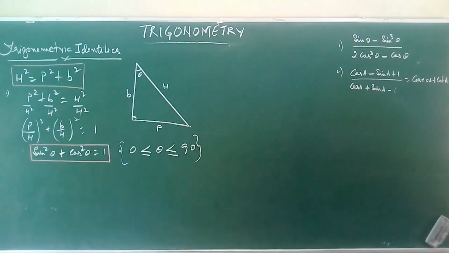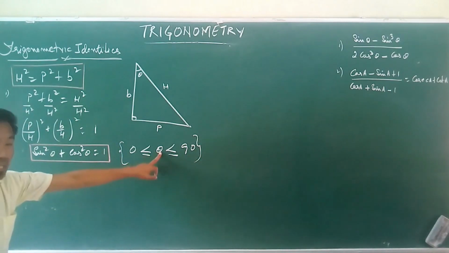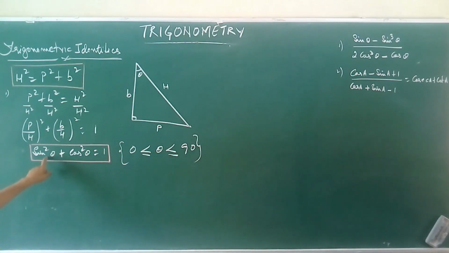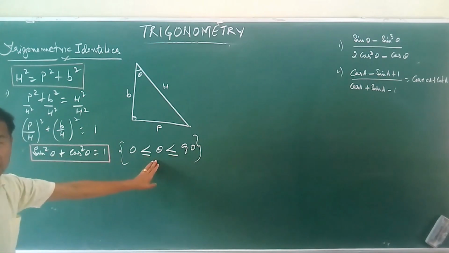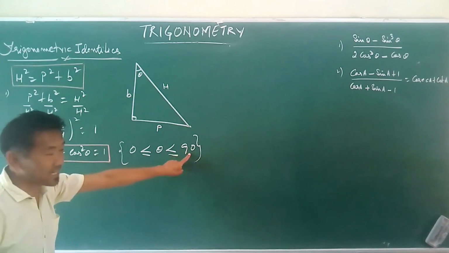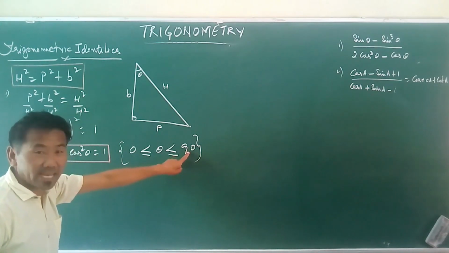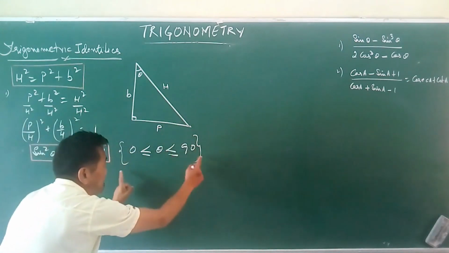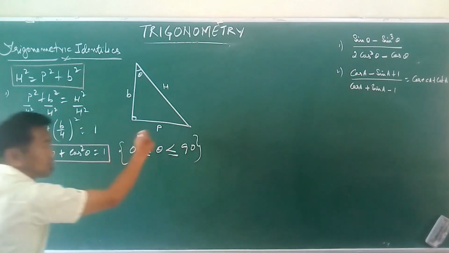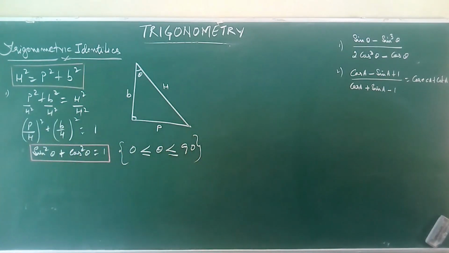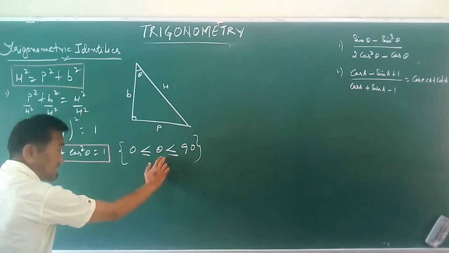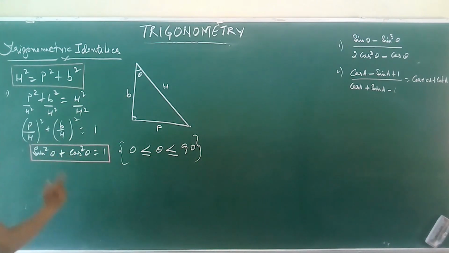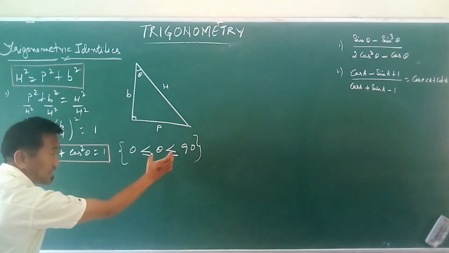So this is the one condition. The theta value can be 0 or more than 0. But look here, 90 again. It should be 90 or less than 90. So in between, including 0 and 90. So this is the condition on theta. What kind of value of theta is needed here?